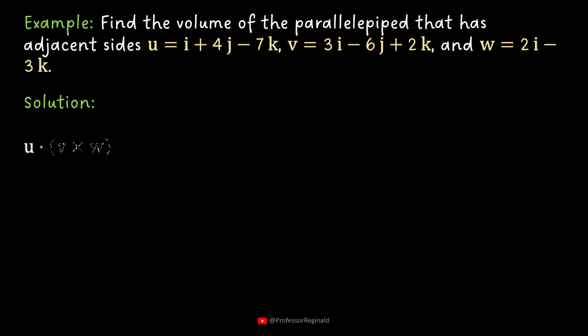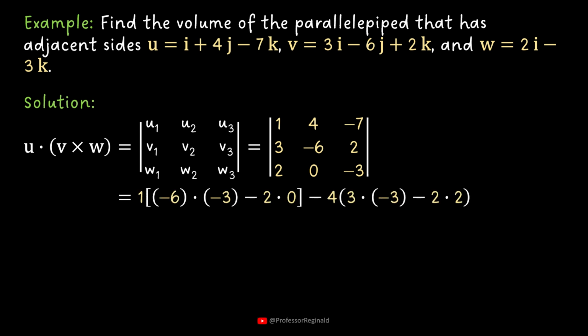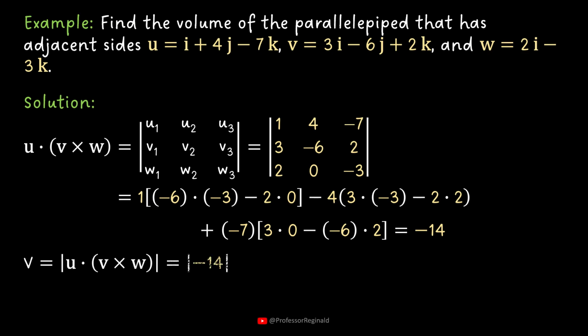First, calculate the scalar triple product using the determinant of a 3 by 3 matrix. The volume is the absolute value of the scalar triple product. Therefore, the volume of the parallelepiped is equal to 14.